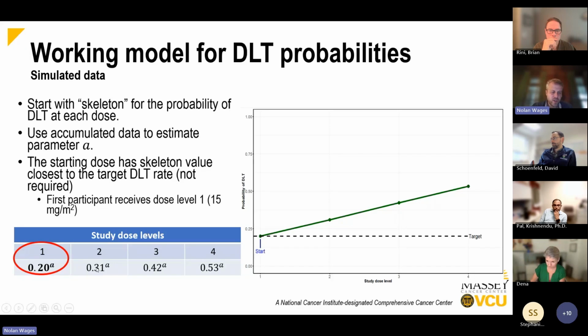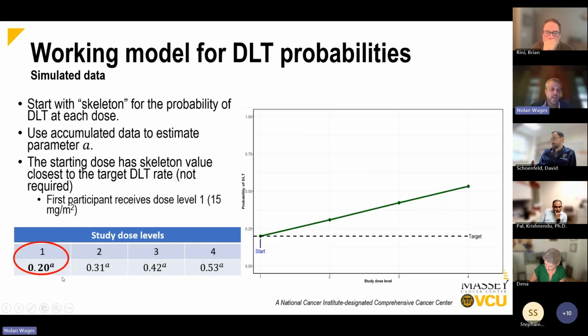Let's think about a couple of extreme cases. If we space these values really close to each other, like 0.2, 0.21, 0.22, 0.23, our method's not going to be able to distinguish between the doses. Basically, we're saying before this trial starts, every dose is about the same. We're not going to have enough data to separate those dose levels out.